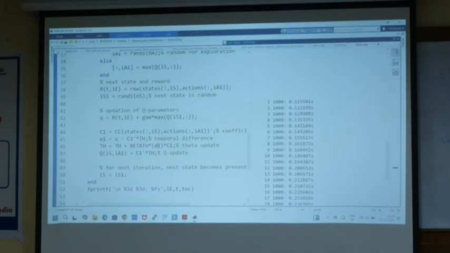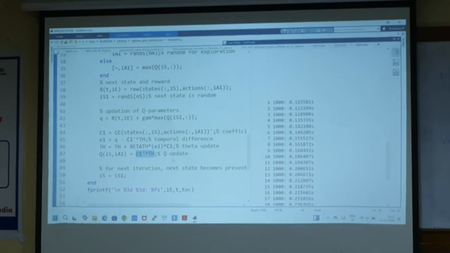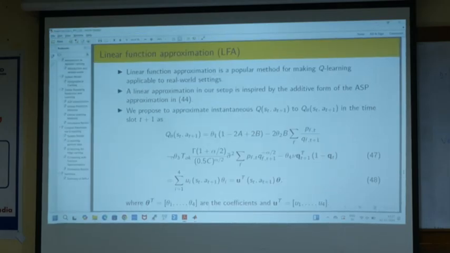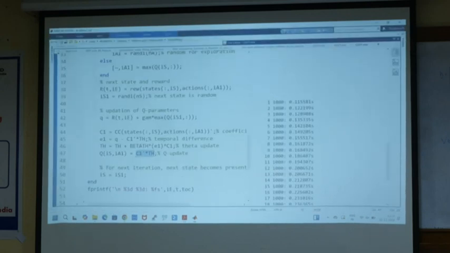So I have written here these coefficients and these are the delta. And with this I will get the Q function approximation, that is C1 into theta. This way I will get all the Q values here.